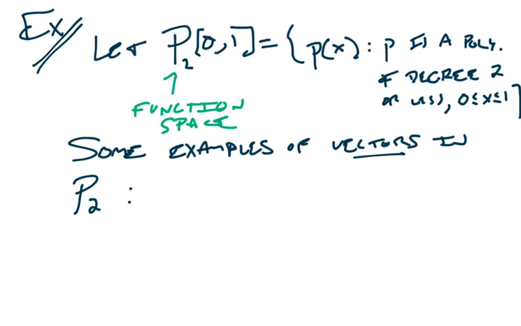So I'll show you some examples of what I mean by that. First, some examples of vectors that are in here. I could take p of x to just be equal to x. This is an example of a polynomial of degree 2 or less. This has degree 1. The degree of this polynomial is 1.